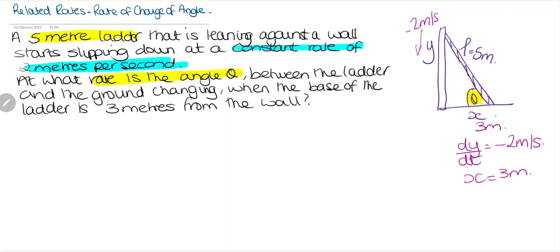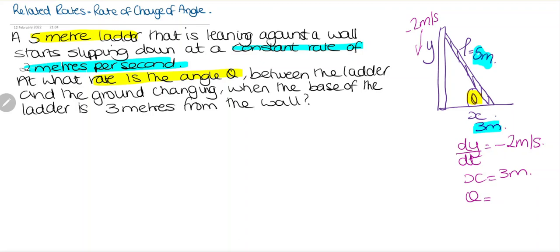So we have an angle, theta. So what do we know? Well, we have the adjacent, and we know our hypotenuse.